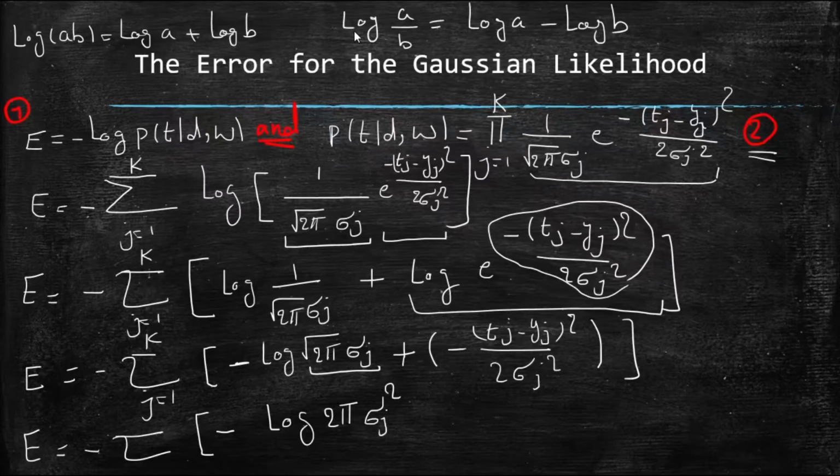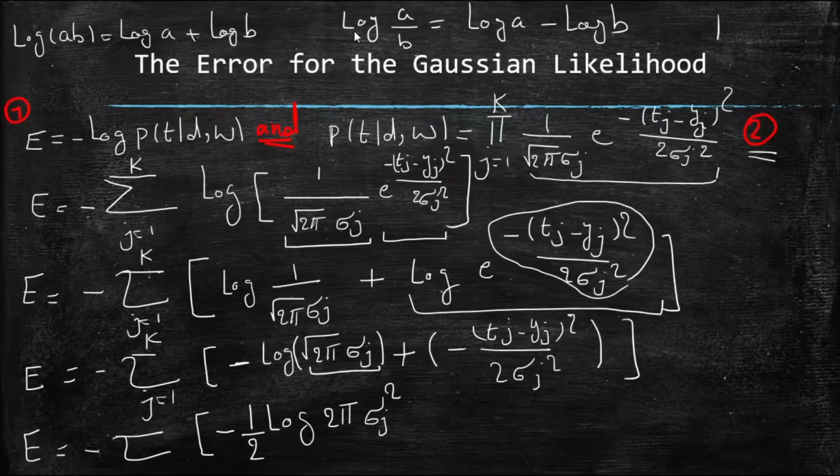What happened? I basically raised the whole thing to power 2, right? So square root disappeared and sigma j turned to sigma j squared. Because I've done that, I have to add a 1 over 2 here to cancel that effect, right?